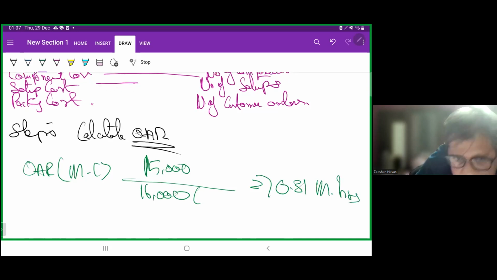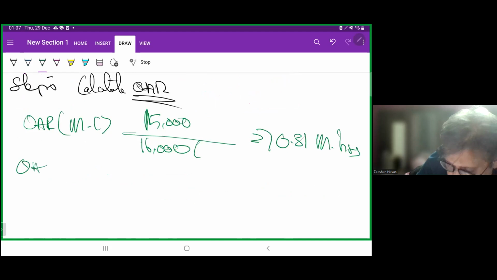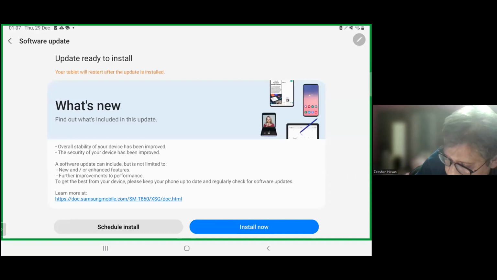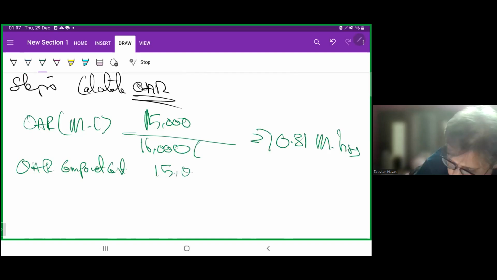Overhead absorption rate for component cost: 15,000. This is the component cost divided by the various components given in the question, 4 plus 6 plus 20.